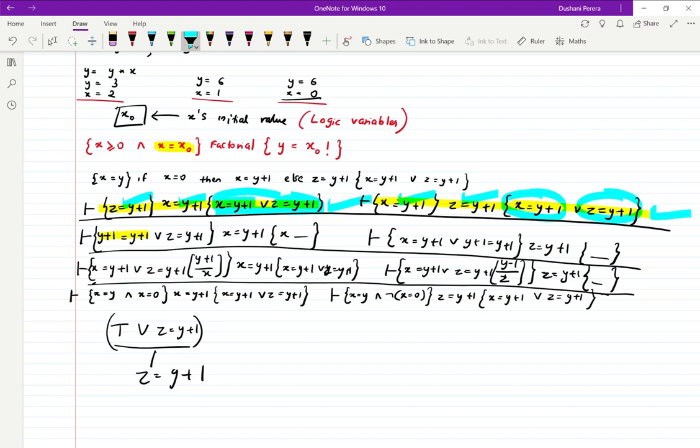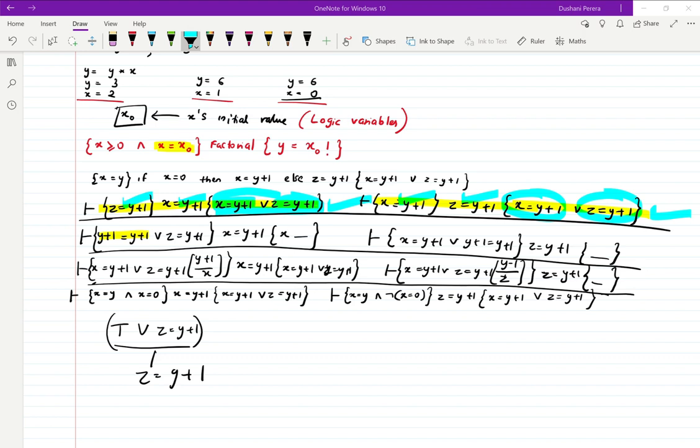And the rule that we used here was the proof rule for if statement. You can derive the answer just by looking at the Hoare triple given in part D as well, because if x is equal to 0, then what we do is we assign y plus 1 to x. If that's not the case, if x is not equal to 0, then what we do is we assign y plus 1 to z.